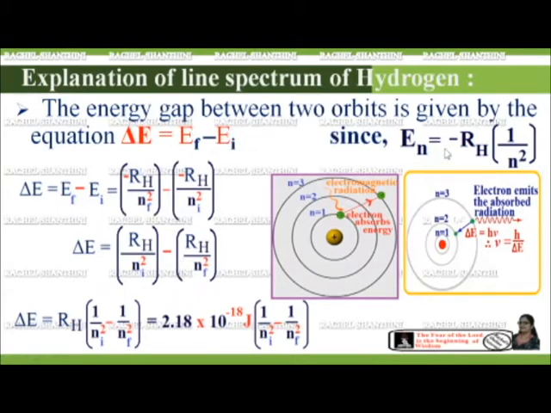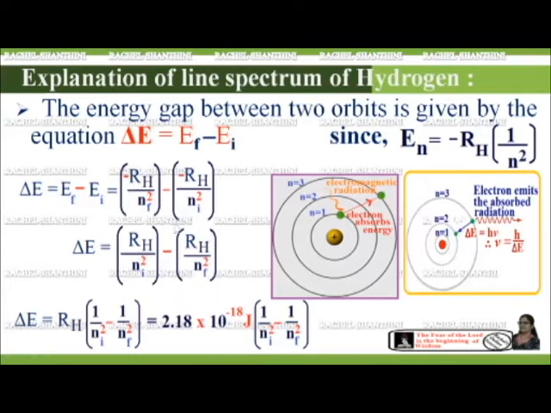Since we know that En is equal to minus RH, the Rydberg constant, into 1 upon n square, we can write this expression as delta E is equal to EF minus EI, which is equal to minus RH upon NF square minus of minus RH upon NI square. If we multiply these two minus signs, it will become plus, right? So we can rewrite this equation as delta E is equal to RH upon NI square minus RH upon NF square.